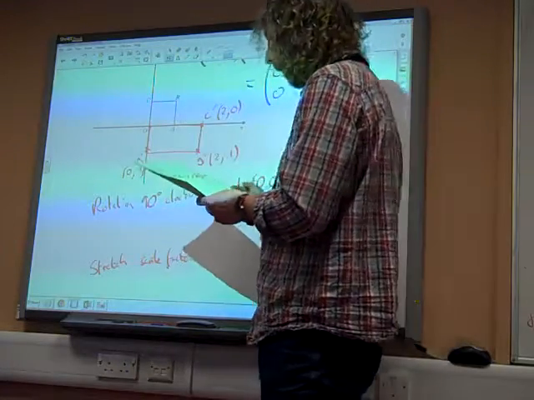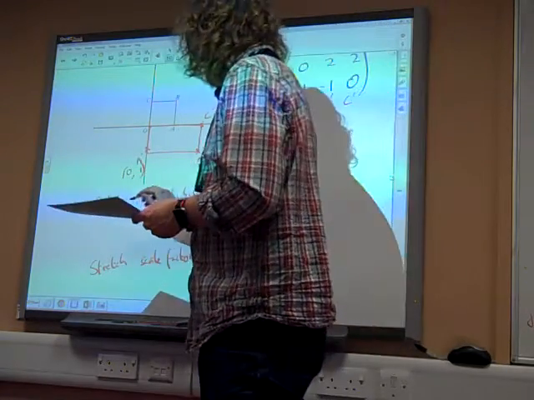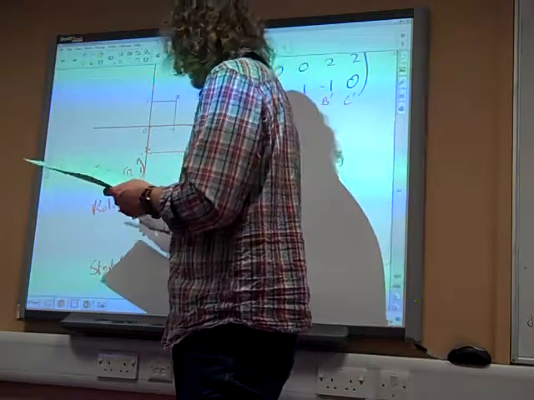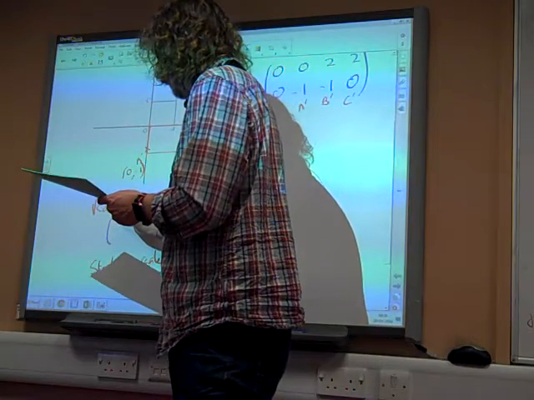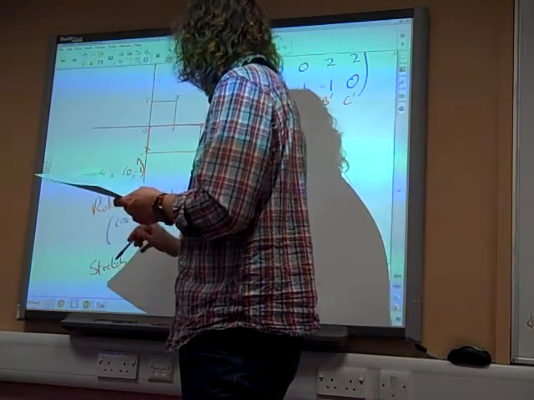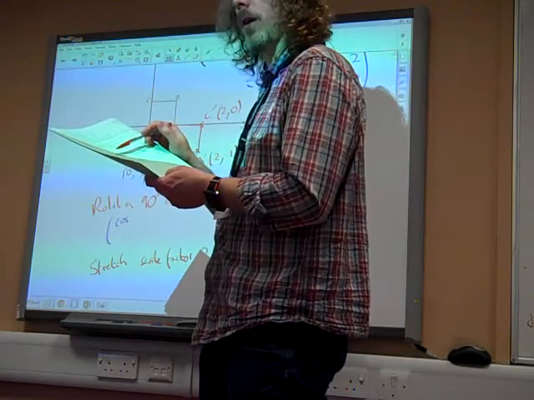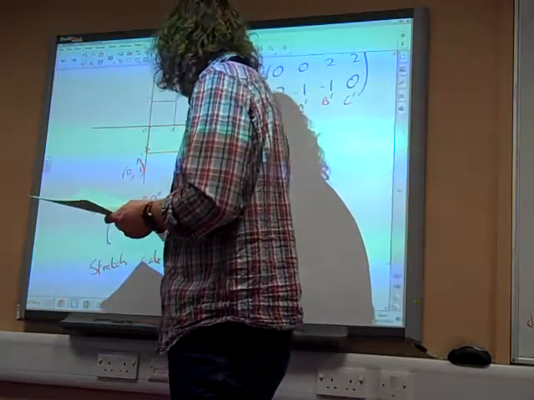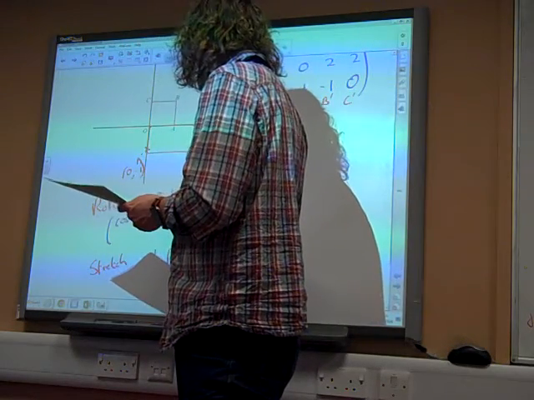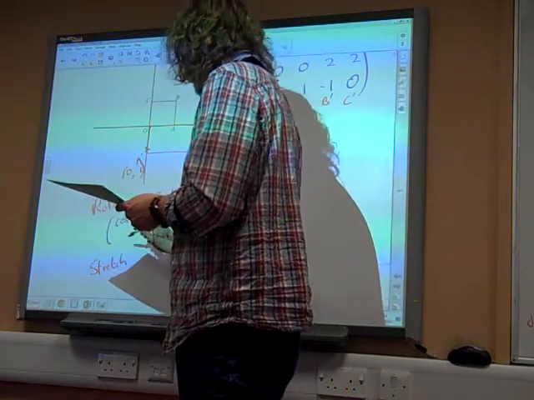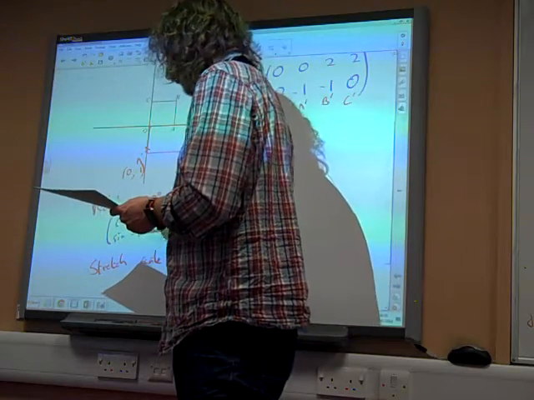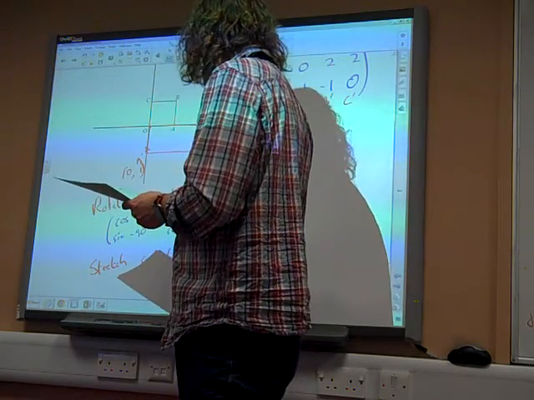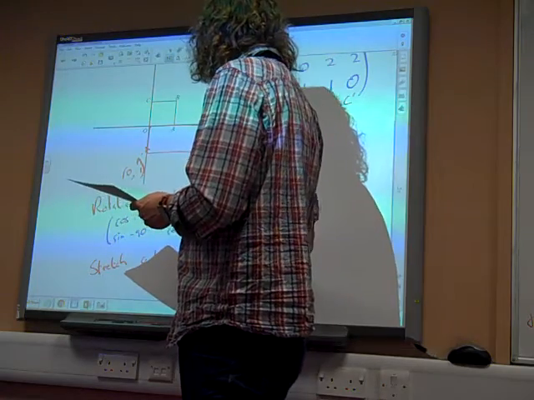So we want the matrix cos theta, minus sine theta, sine theta, cos theta. This is anti-clockwise rotation, so we're going clockwise, so it's minus 90 degrees. So cos minus 90, minus sine minus 90, sine minus 90, cos minus 90.